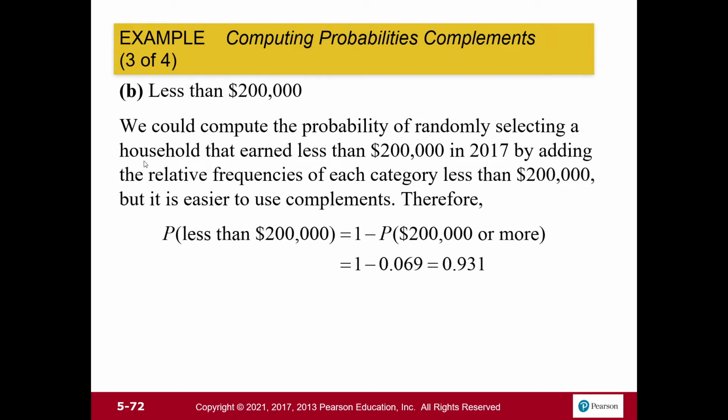Here is the other case, less than 200,000. So one way to compute less than 200,000 is to calculate 200,000 or more and then take the complement of that. So you would subtract that. That was a pretty clever way to calculate that.